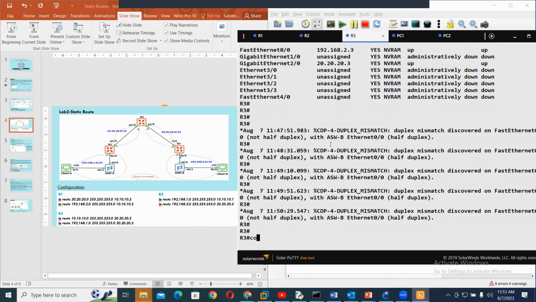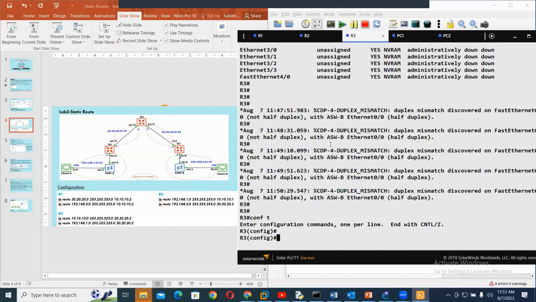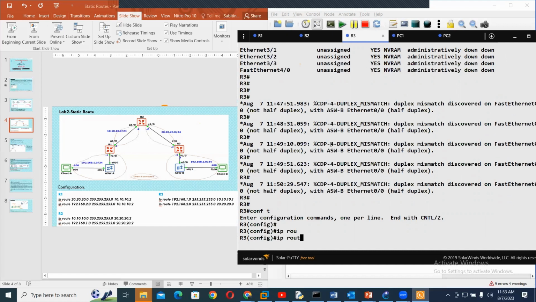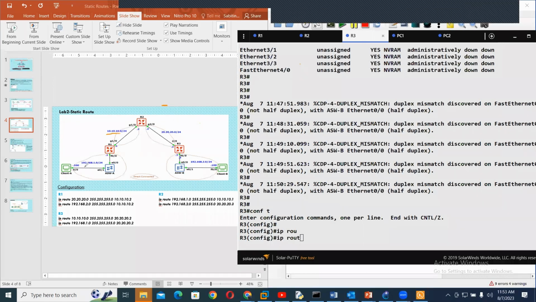Now, let's finalize with the configuration for R3. IP route. For R3, we have this network and this network, which are not directly connected.